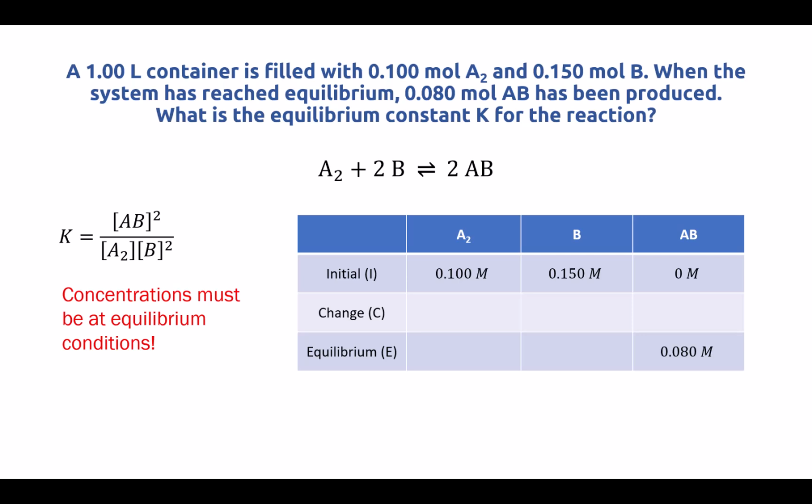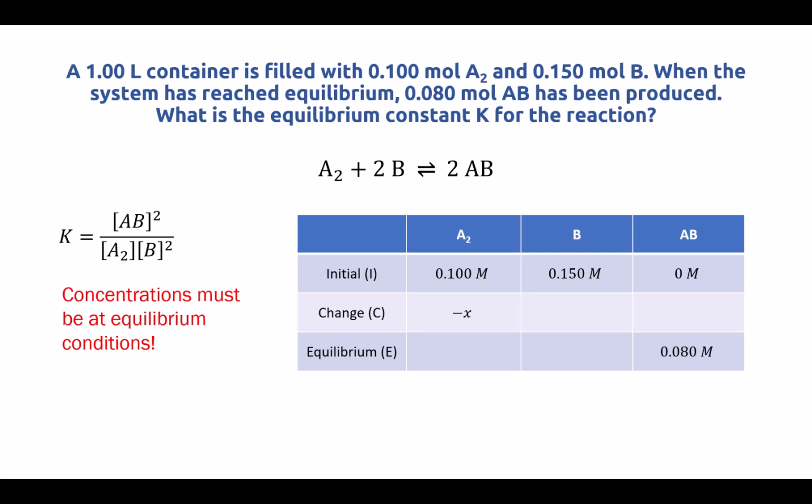So we have to lose some of our A2. We don't know exactly how much A2 is being lost yet, so I'm just going to refer to this as minus X. The negative just implies that we are losing A2. The X is how we describe that it's an unknown quantity.